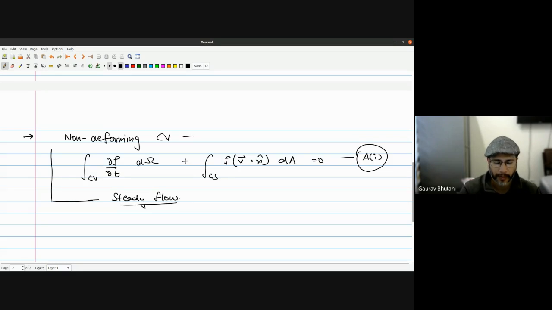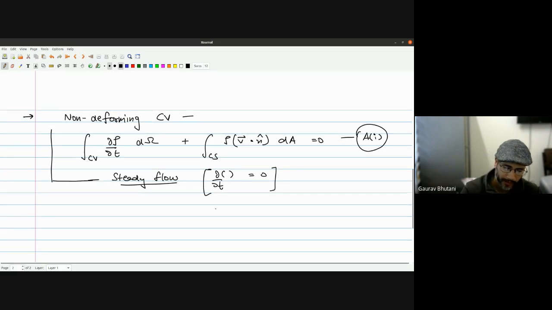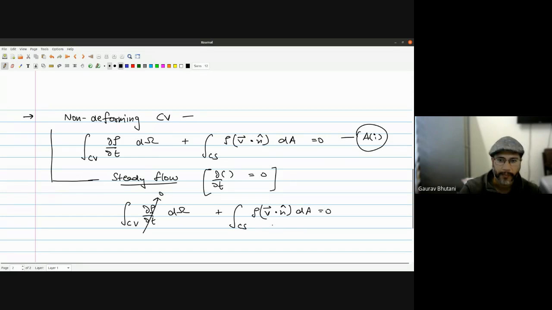So steady flow, we talked about that partial by partial t of anything will be 0. That's what the definition of steady flow is. So in that case, your first term where you have partial by partial t of rho will be 0. So the only term left is this one. So this we'll call the A2 form.